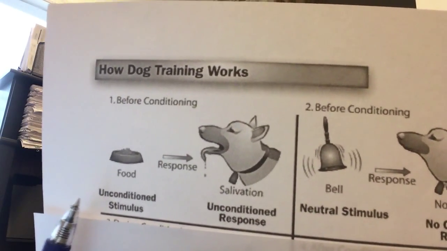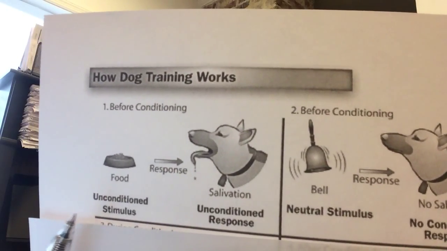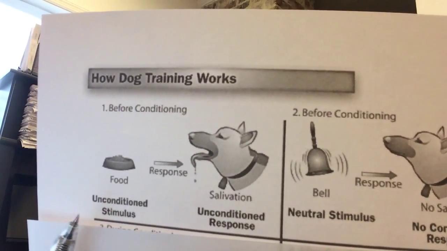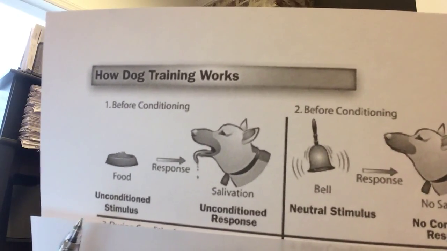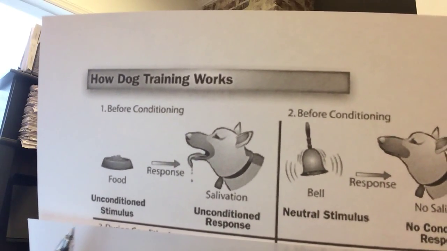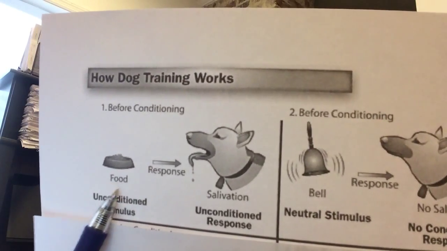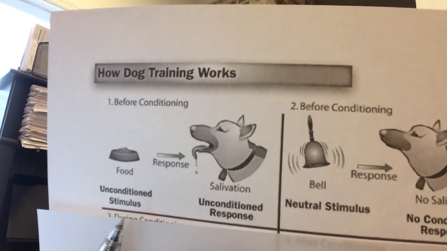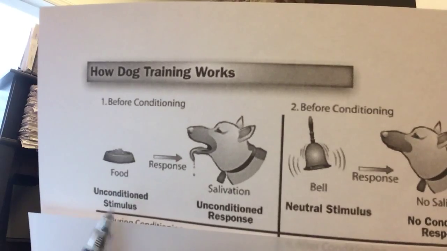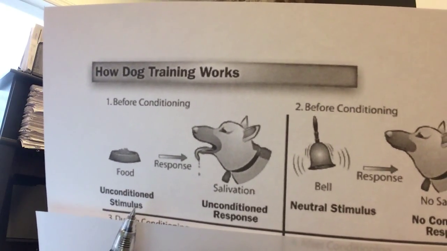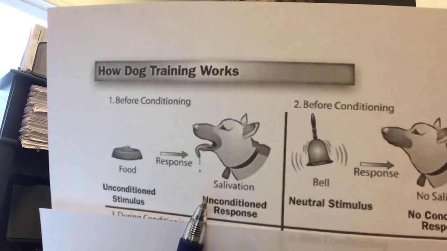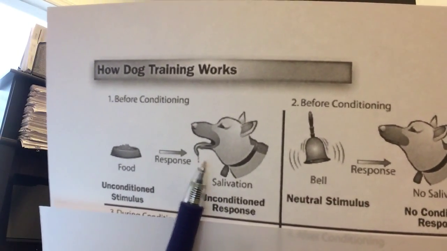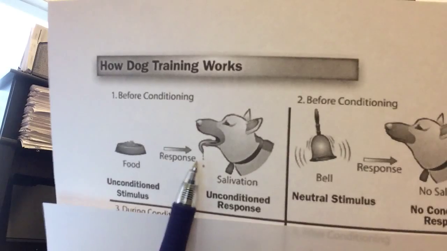We can all relate to this scenario. The food just elicits a natural reaction. No one needs to learn how to salivate. It happens through our sensory skills. It is automatic. The food is an unconditioned stimulus, and the dog reacts with an unconditioned response in the form of salivation to help digest the food.